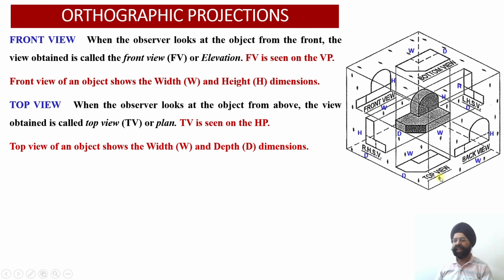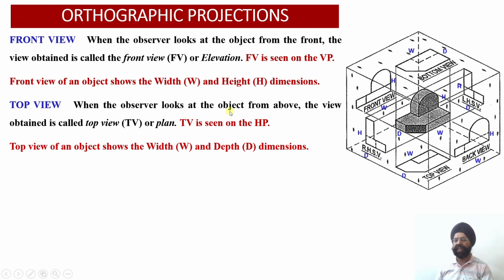So any projections obtained by the observer looking from the top side are called top view projections, or plan projections. And the top view is always obtained on the horizontal plane. So let us read out the definition.